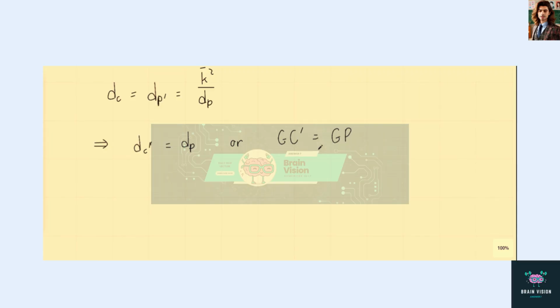So the line GC prime is equal to the line GP. And therefore, our new instantaneous center, C prime, coincides with our center of percussion, which is point P, which is the result as required.